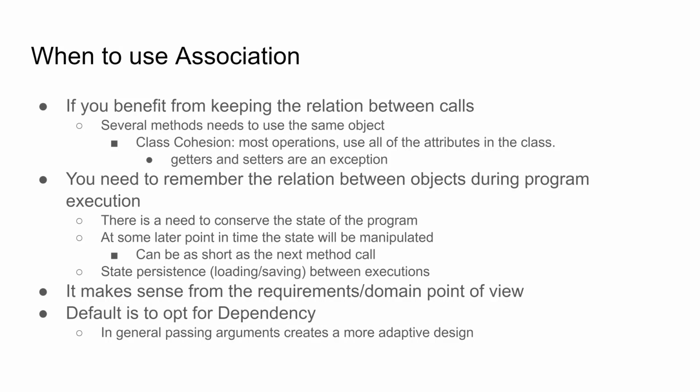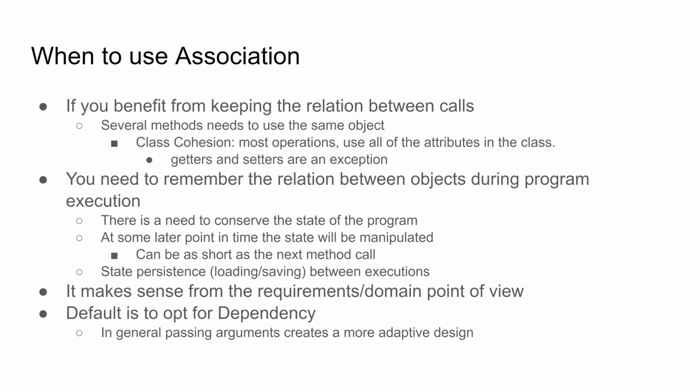And maybe we also have some kind of persistence. We need to load and save things between executions, and then it can be beneficial to use the association. Also, maybe it makes sense from the requirements point of view. So you have some requirement, you have some understanding of the domain, and this indicates that, okay, this should be contained in this object.